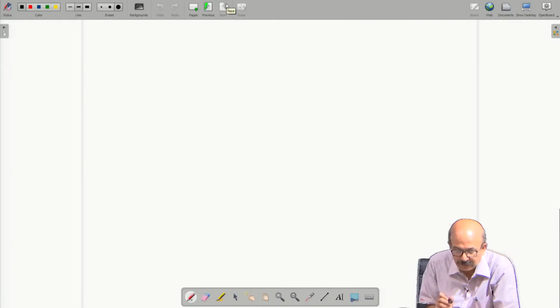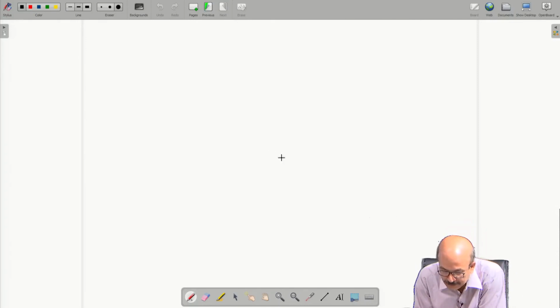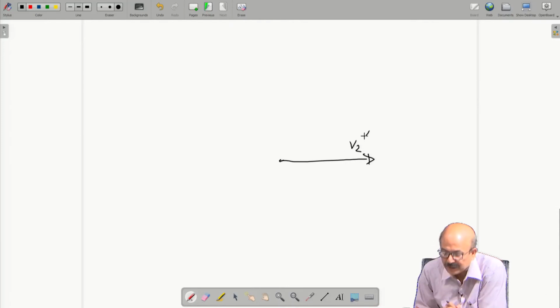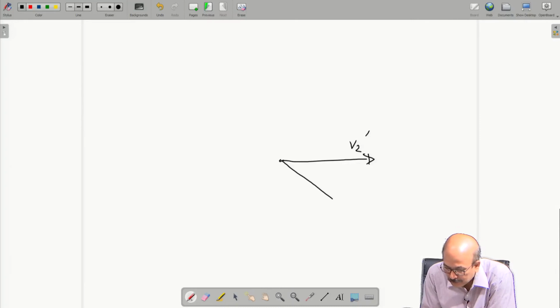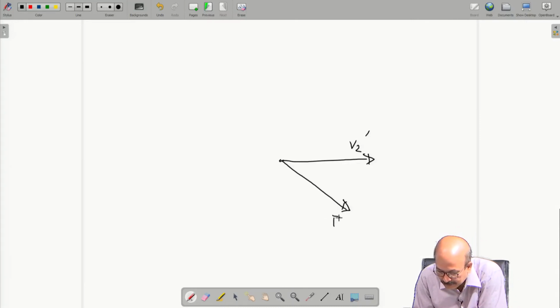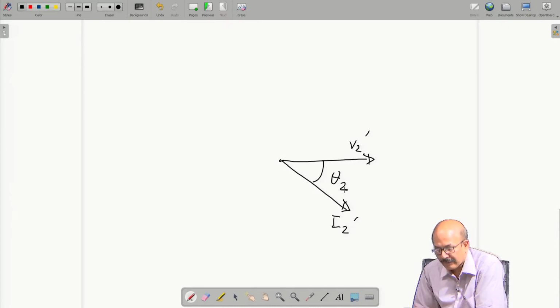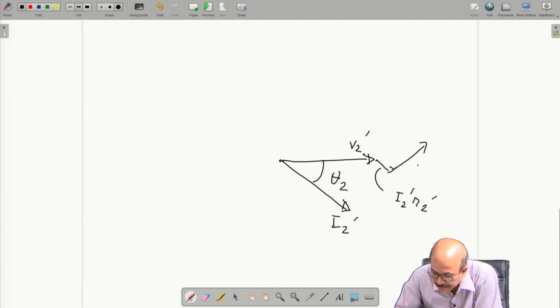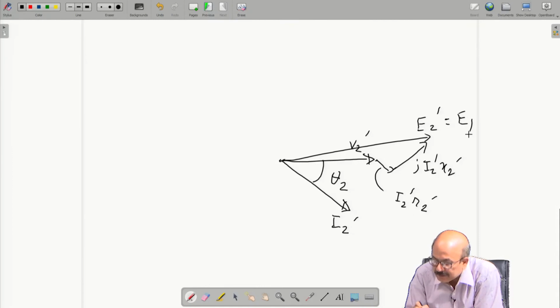So, if we start from AV2, which is V2 dash, we have I2 by A, which is I2 dash, theta 2 of course remains the same, and then on this side we have I2 dash R2 dash, on this side j I2 dash X2 dash, and on this side we have E2 dash, which is actually E1, right.